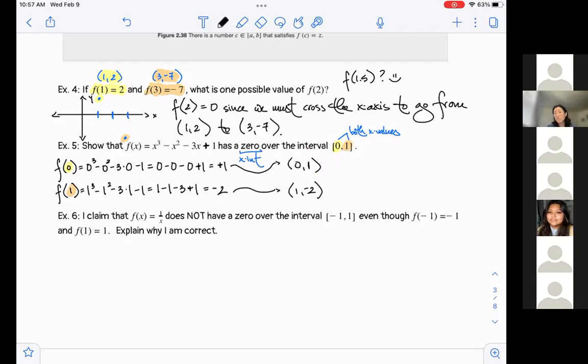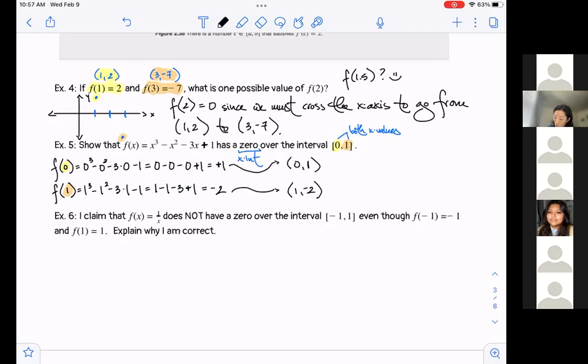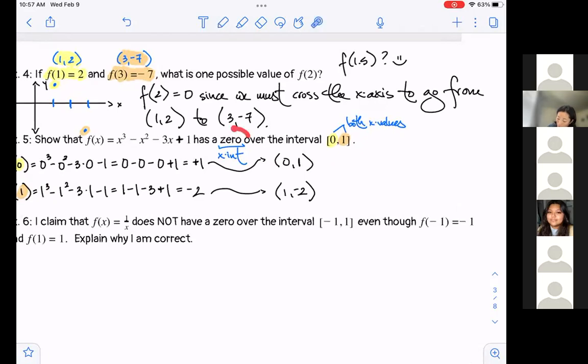Okay, but let's throw it on a graph. It's completely understandable that it's hard to keep track of what we're looking for. But when we say we're looking for a 0, we're secretly saying, where does it cross the x-axis?